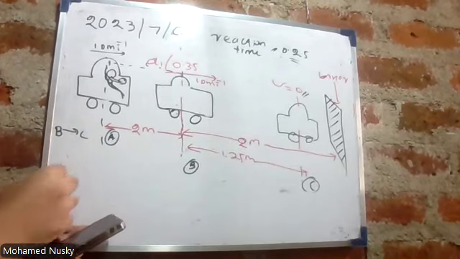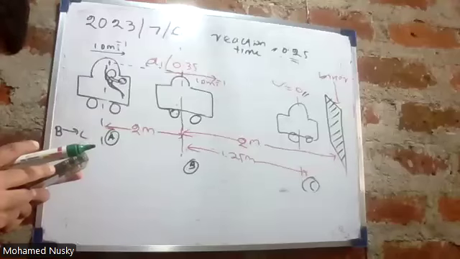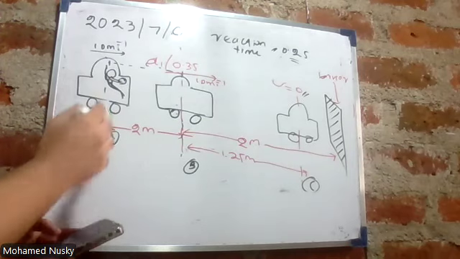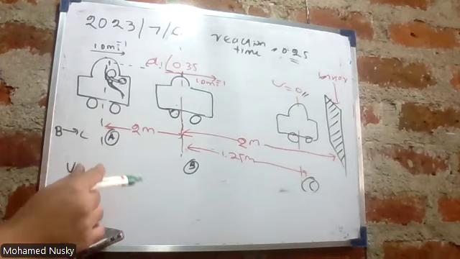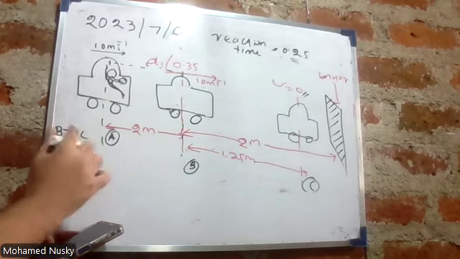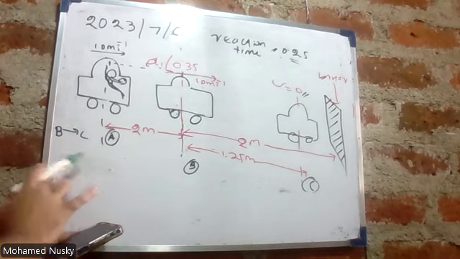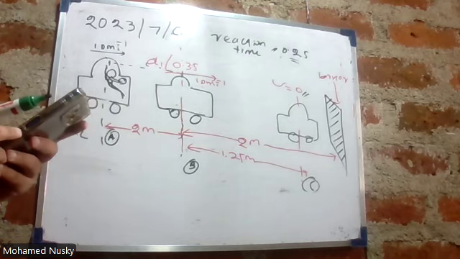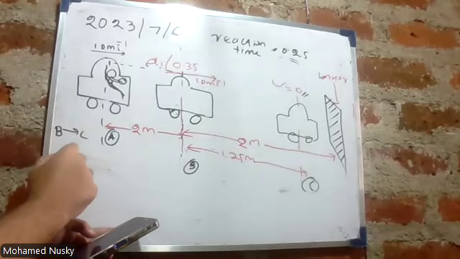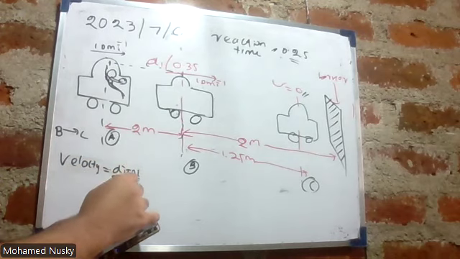What's the equation you can put to find the distance? We can put speed is equal to distance divided by time, or velocity is equal to displacement divided by time.